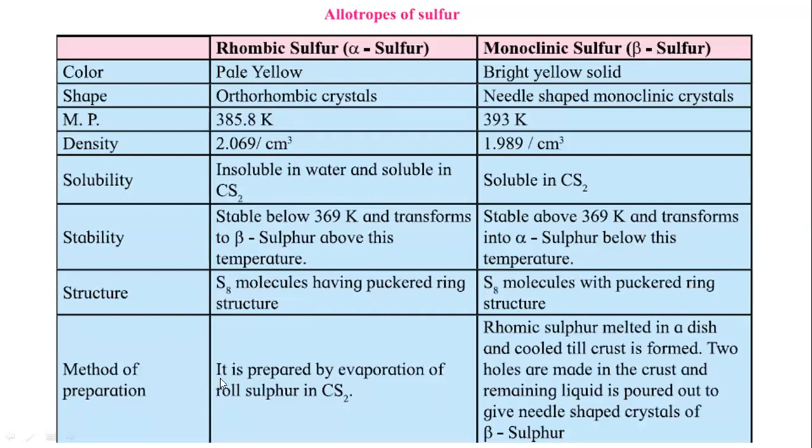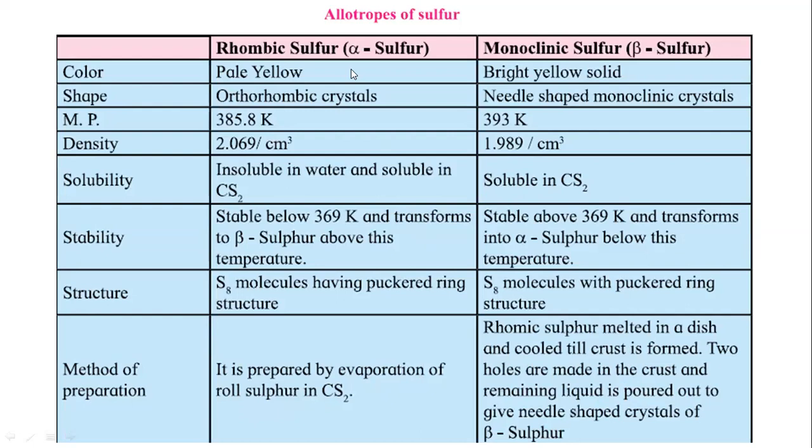Method of preparation: monoclinic sulfur is prepared by evaporation of roll sulfur in carbon disulfide. Rhombic sulfur is melted in a dish and cooled till a crust is formed. Then two holes are made in the crust and the remaining liquid is poured out, giving the needle shape. This method of preparation is not asked in the board examination, remember.